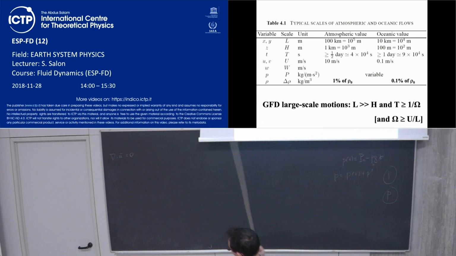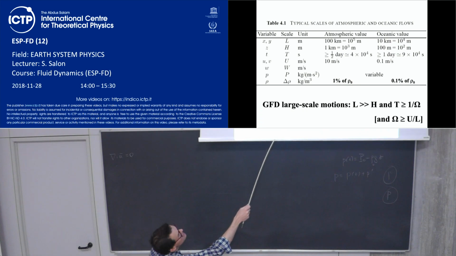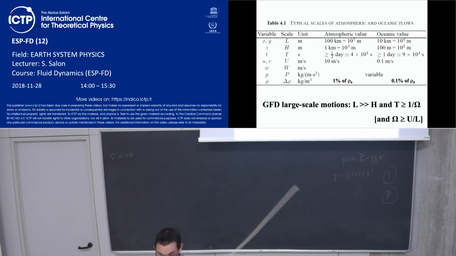So for most of them, there is one or more orders of magnitude of difference between atmosphere and ocean. Also, we can add, for what concerns the vertical velocity, it is very, very difficult to measure. Vertical velocity is very small. So, as we will see, it will be very much smaller with respect to the horizontal one. And finally, we have that the variation of density is 1% or 1 per thousand of the background density.